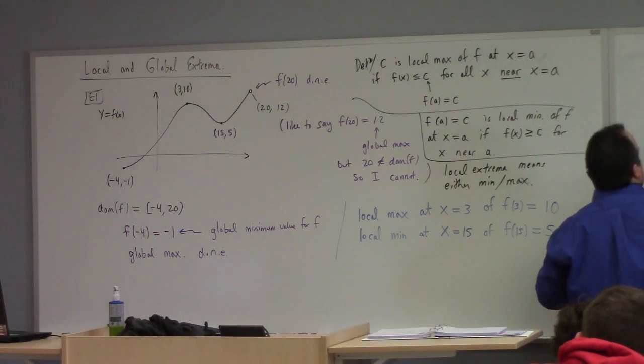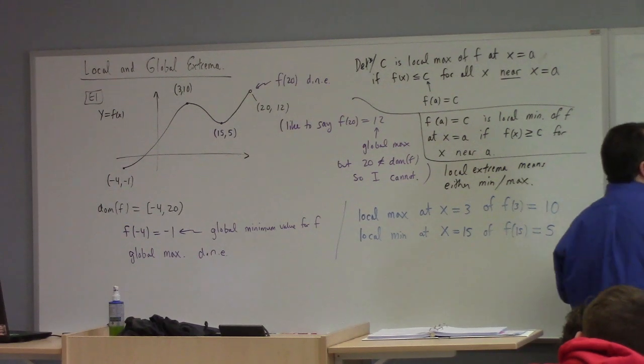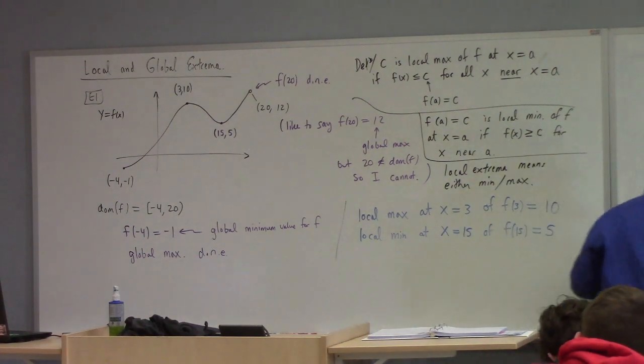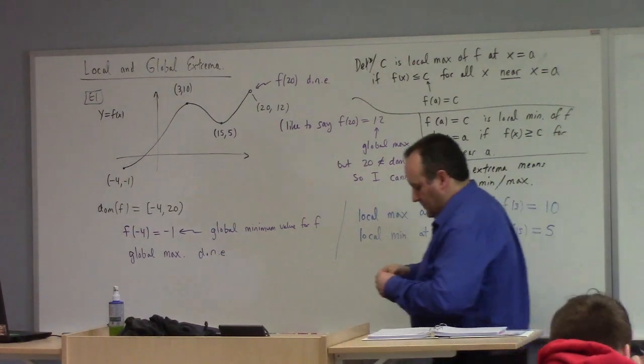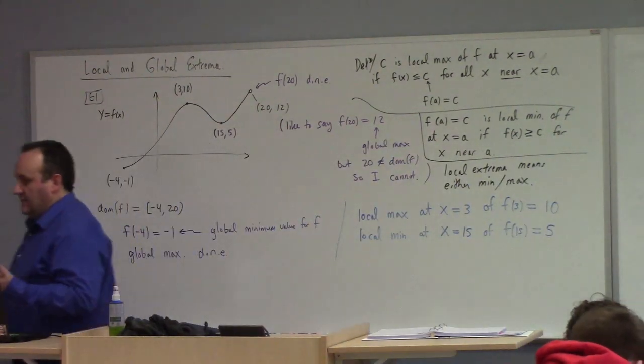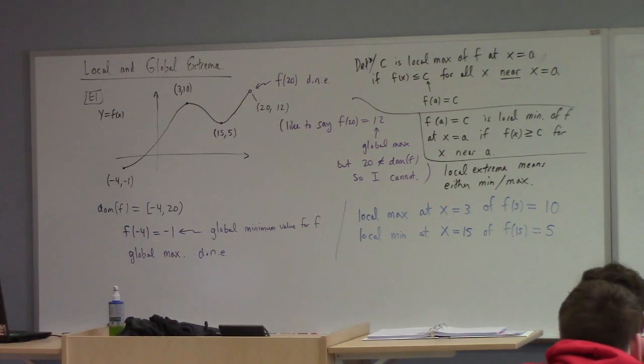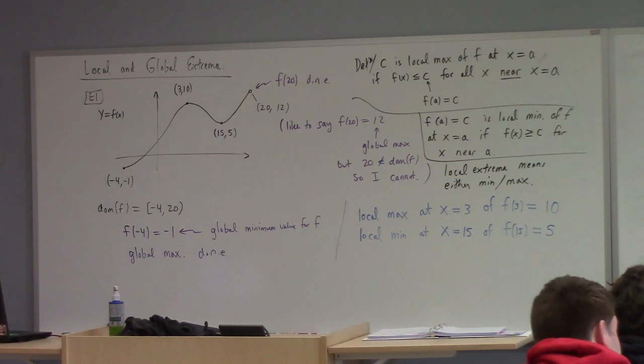So here's y equals f of x. So my question for you guys is, for this one, what do you guys think? Does this have a global minimum? Does it have a global maximum? Does it have any local minimums, local maximums? What do you guys think?